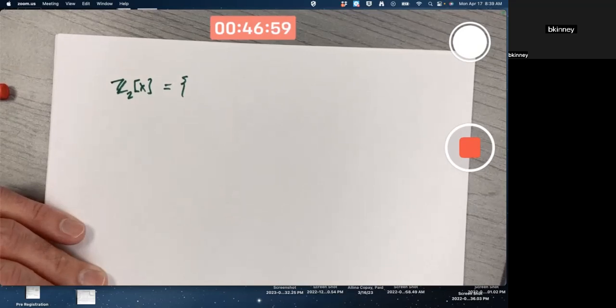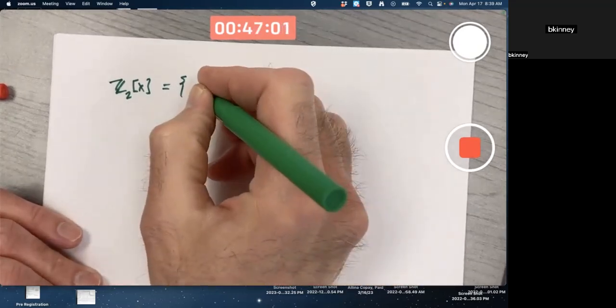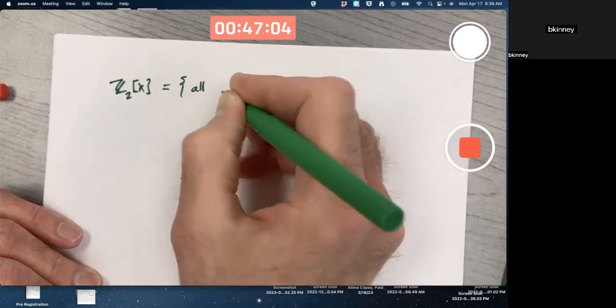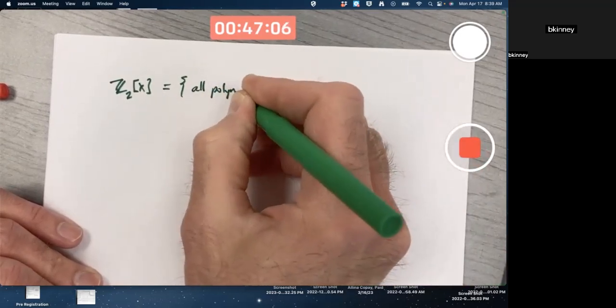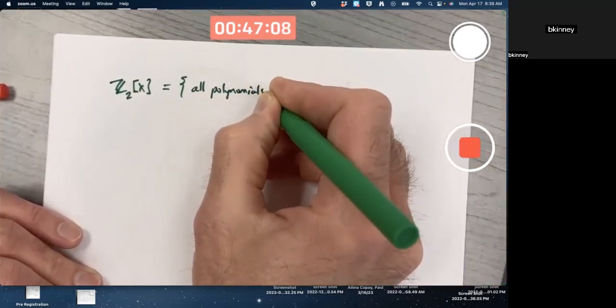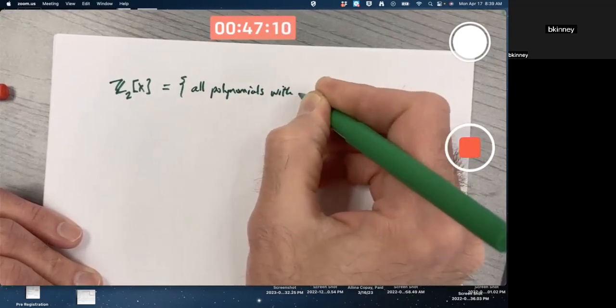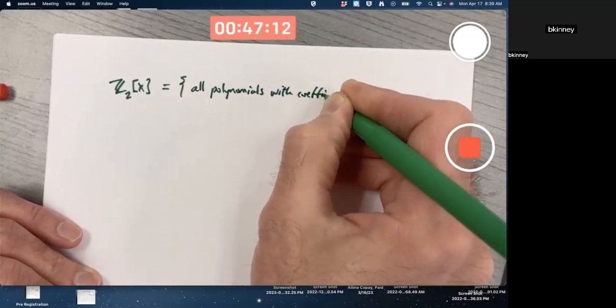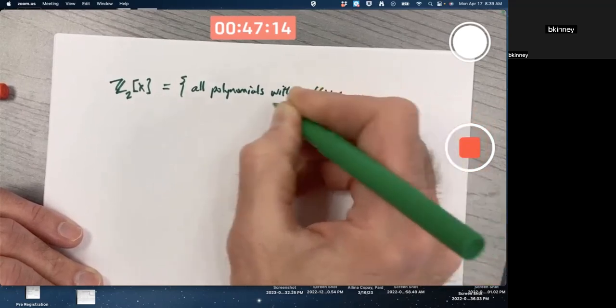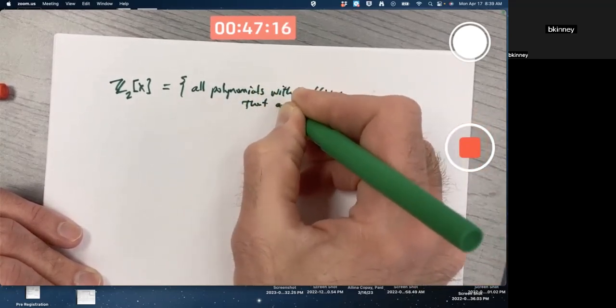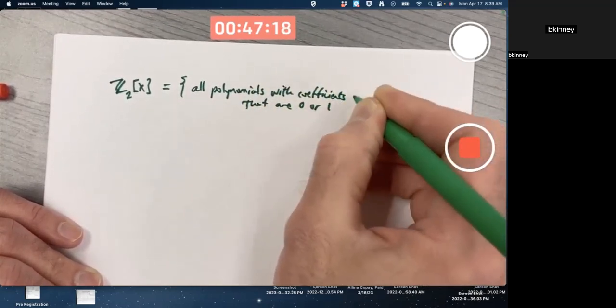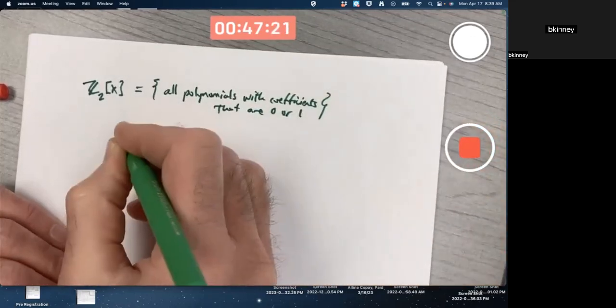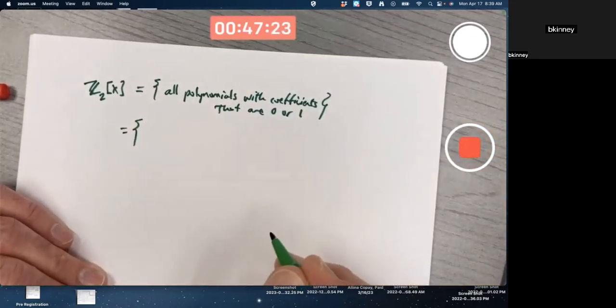I haven't said what the operation is yet. I'll write this in words: all polynomials with coefficients that are either 0 or 1. Could you write that symbolically? Yeah.